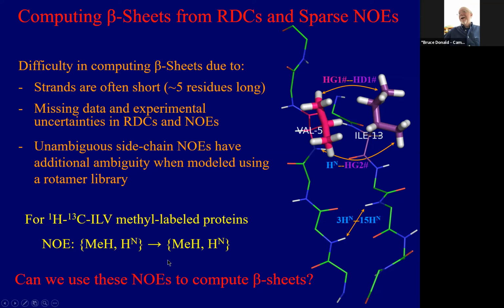So it could be methyl methyl, methyl amide, amide methyl, or amide amide. And these are unambiguous, but you still can have rotamers for these. There's some complication in that the distance depends on the rotamer. So you're simultaneously assigning the rotamer and the distance.